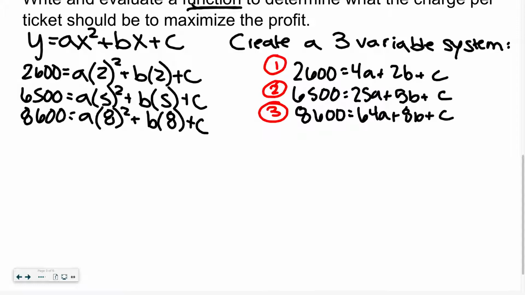So, which two equations are you guys gonna use to eliminate C? Multiply a times negative 1 to get rid of c. No, you can just subtract.